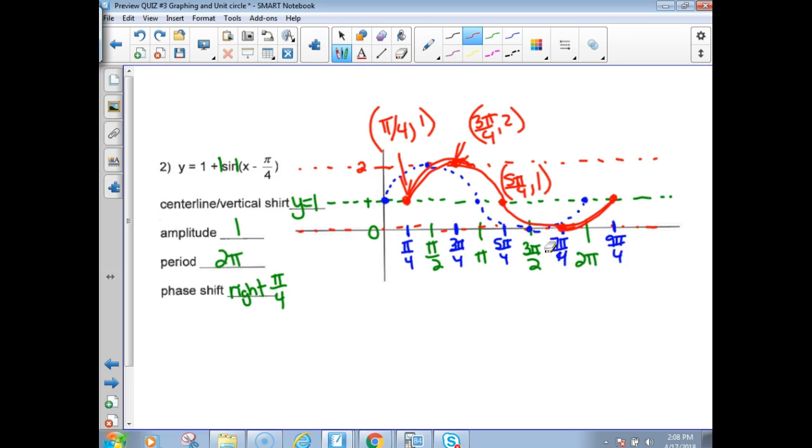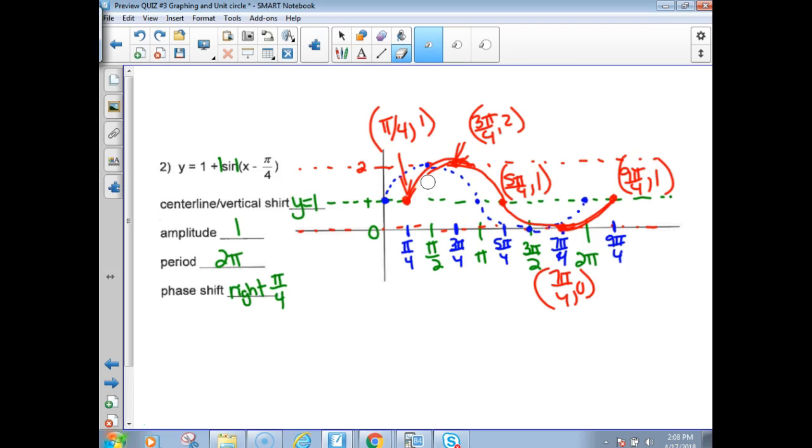Okay. And then this one is at 7 pi over 4, 0. And the last one's at 9 pi over 4, 1. Okay, so those would be your 5 key points that you need labeled. And I probably could fix this thing up a little bit to make it look a little better.